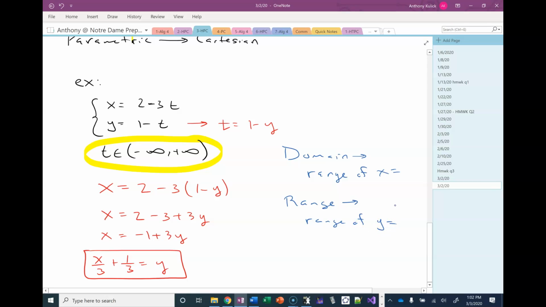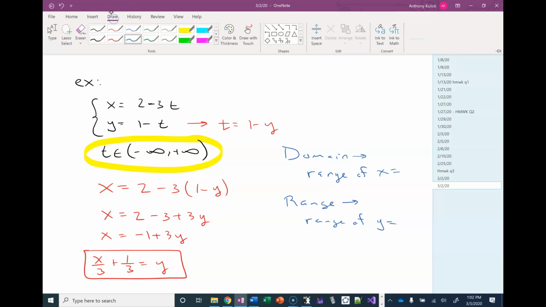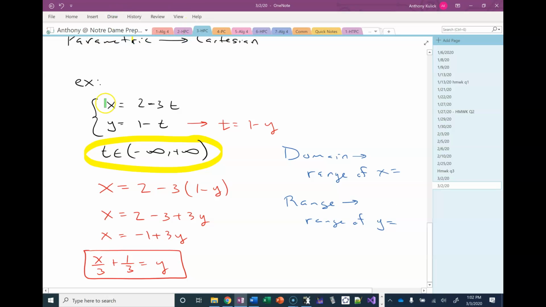Okay. So the way that we can do this is I can look at the two parametric equations. So if I look at the x equals equation, I can use that to determine the domain.